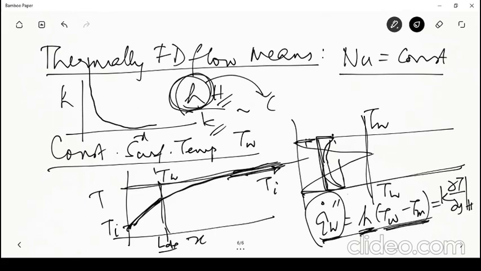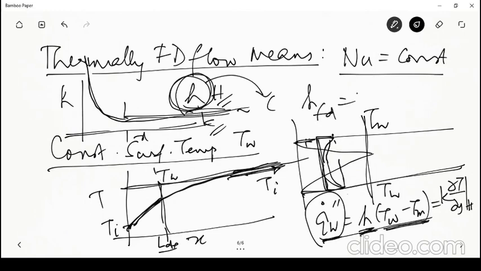So if I plot the heat transfer coefficient as a function of x, let me draw it here, H as a function of x, it actually starts from infinity and becomes a constant after LDT, and before that it exponentially decays like that.